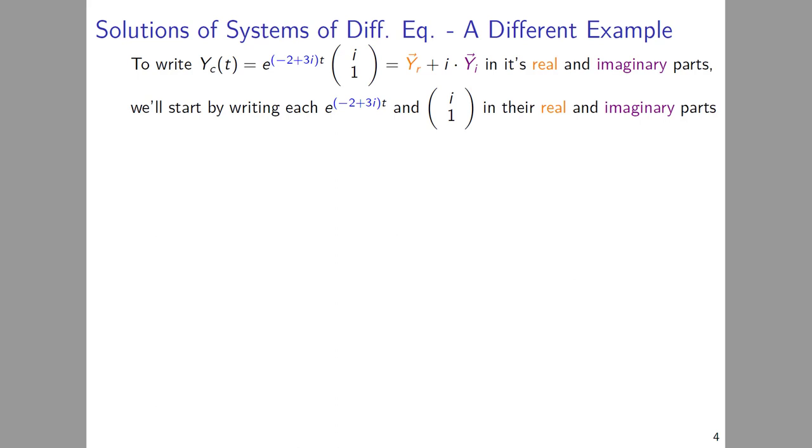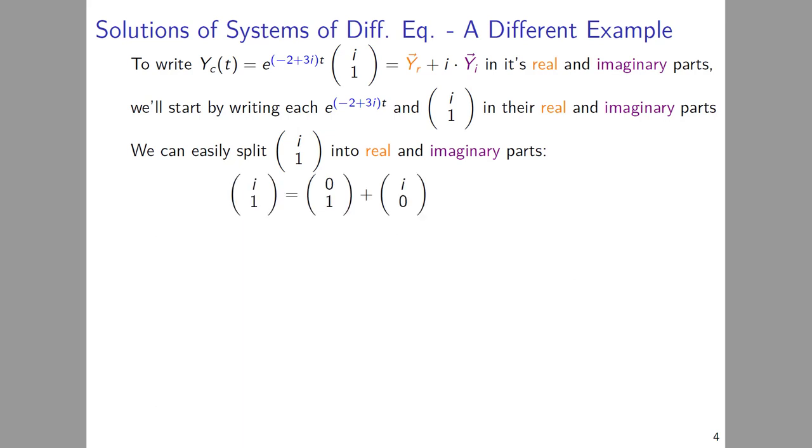To write yc in its real and imaginary parts, we'll start by writing each of the factors, e to the negative 2 plus 3it and the vector i, 1, in their real and imaginary parts. For the vector, we can easily split it into its real and imaginary parts by writing i, 1 as 0, 1 plus i, 0.